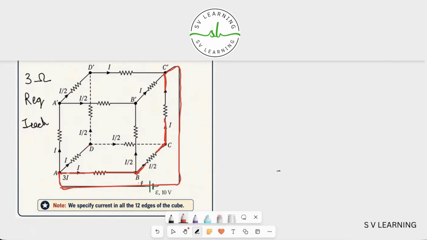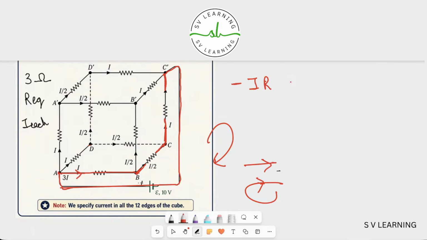Okay. So let's take the same direction as the current is flowing. If you go in this one, the first branch, what do you observe? The current is going this way. I am also going this way. So what will I observe? Minus IR. I'm applying KVL across this resistor. Then I come across this branch BC. Again, the current is in the same direction, and I'm also going in the same direction.